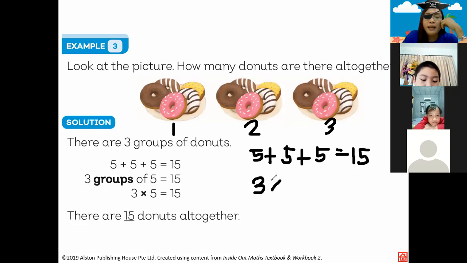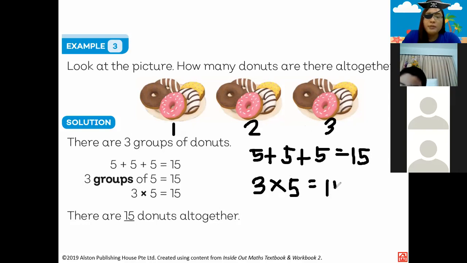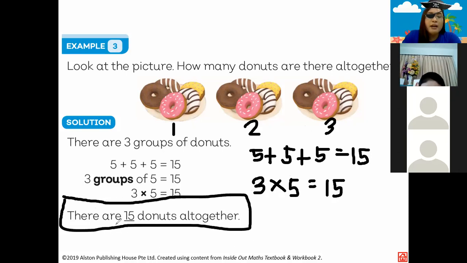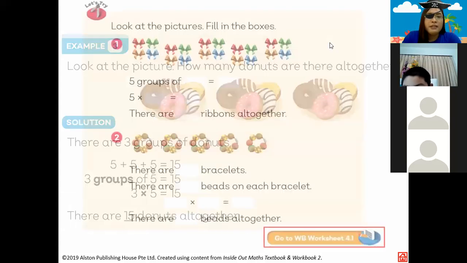And then multiply by the number of donuts in each group, which is 5. So 3 multiplied by 5 equals 15. So the answer for the question is there are 15 donuts altogether.